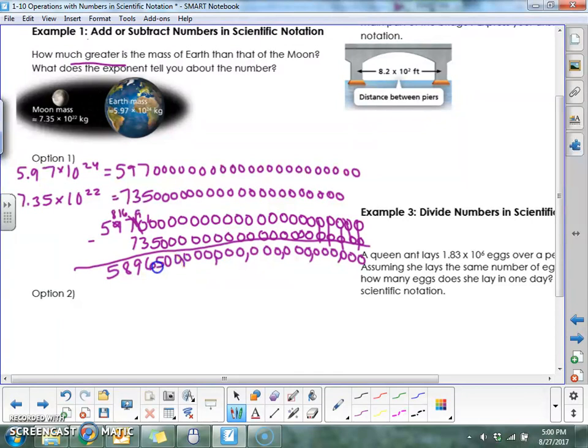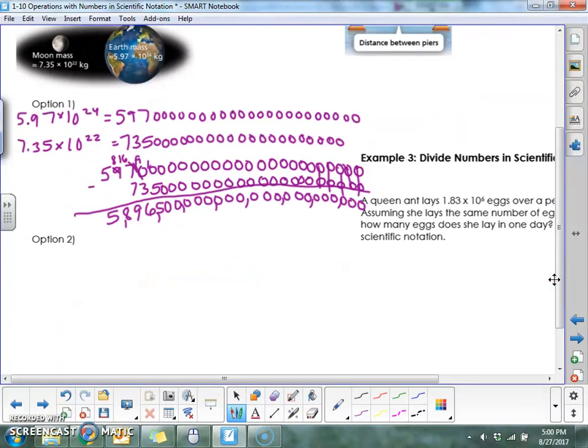Okay, and if I want to write this back in scientific notation, I would have to again see how many times I need to move this decimal. So the decimal would fall here, so 5.8965 times 10 to the 24th power.